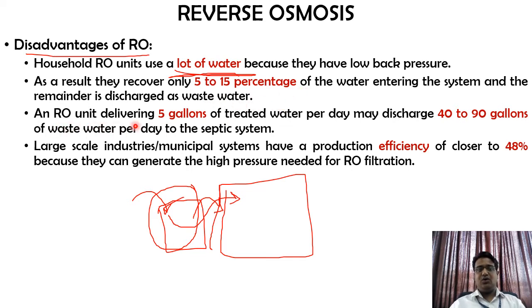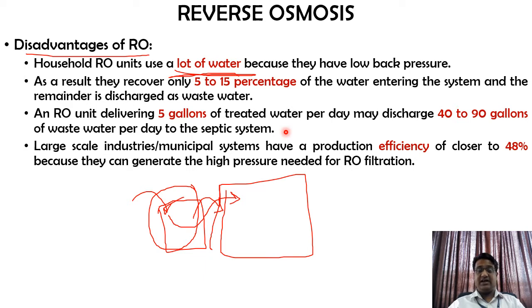An RO unit delivering 5 gallons of treated water per day may discharge 40 to 90 gallons of wastewater per day to the septic system. So basically the percentage of efficiency here is very less, even though the percentage of contaminant removal is quite high, as we have discussed, more than 99%.